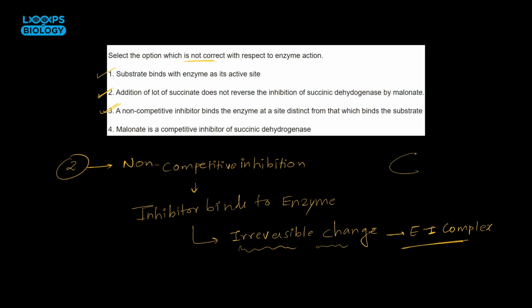Suppose this is my substrate, this is an enzyme, here I am attaching your inhibitor molecule, then this site is not opening for the substrate and it cannot bind to the enzyme. Alright, so malonate is a competitive inhibitor. No, it is, this will be my answer, this is a non-competitive inhibitor.